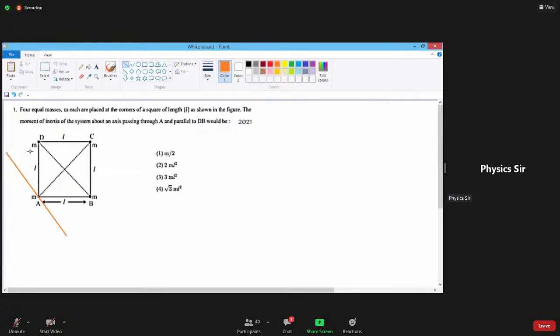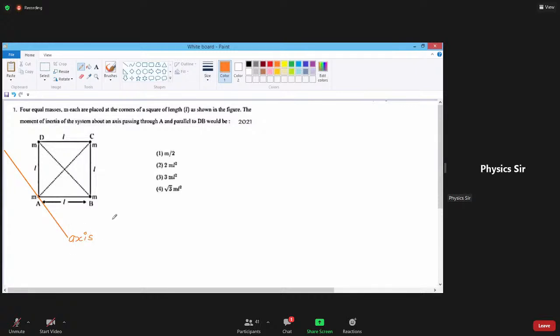This is the line, students, which is passing through A and parallel to BD. So I have to calculate the moment of inertia about this axis. Is it okay? I have to calculate the moment of inertia about this axis.